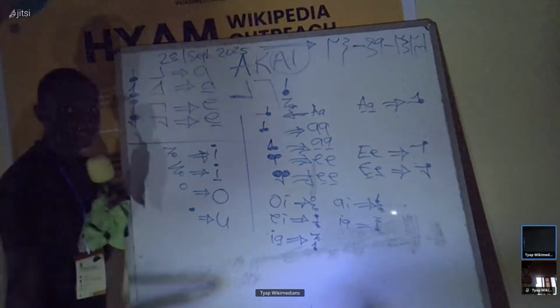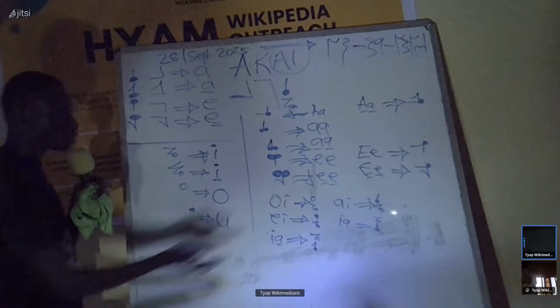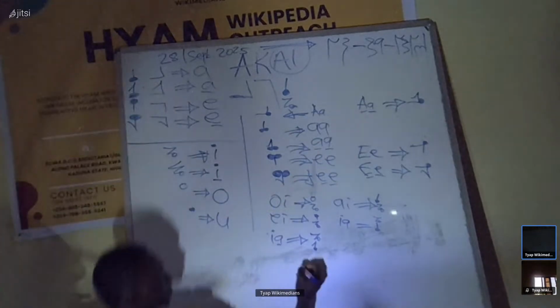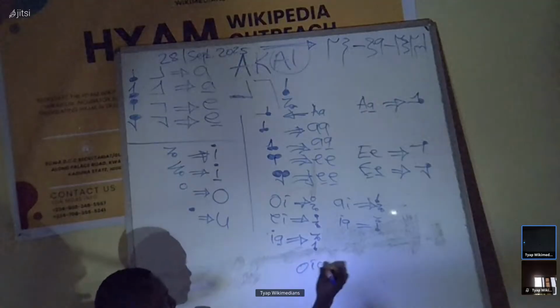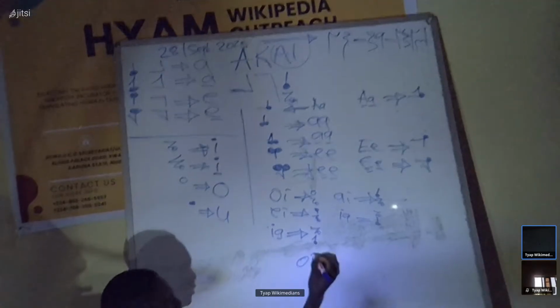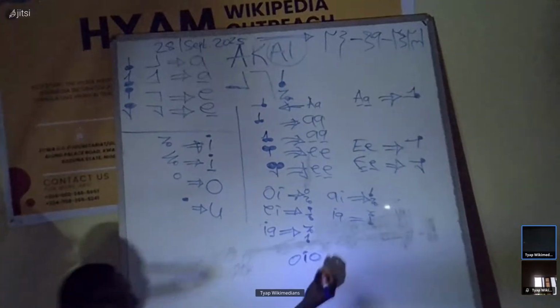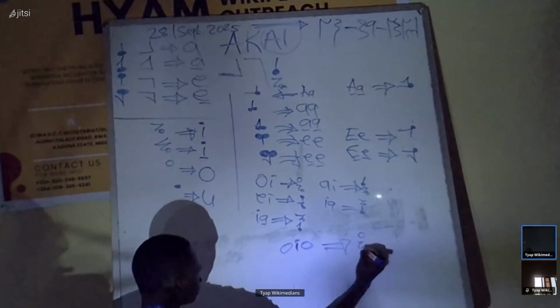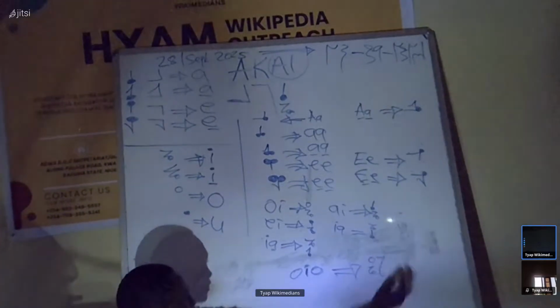But in case we have 3 vowel sounds combined together like this, oyo, you are going to have O, E, and then you have this divider.